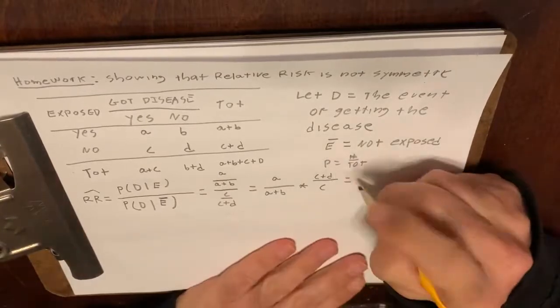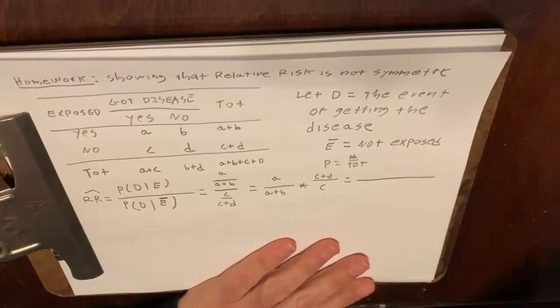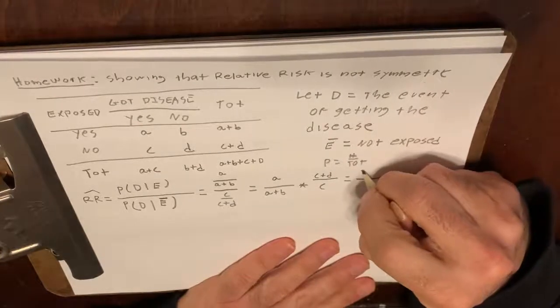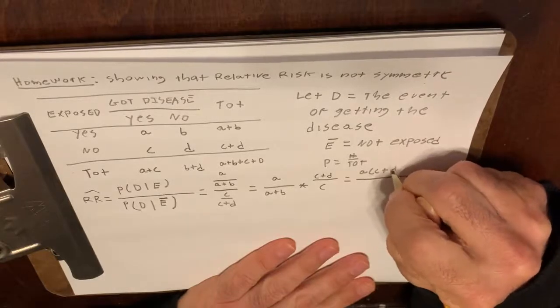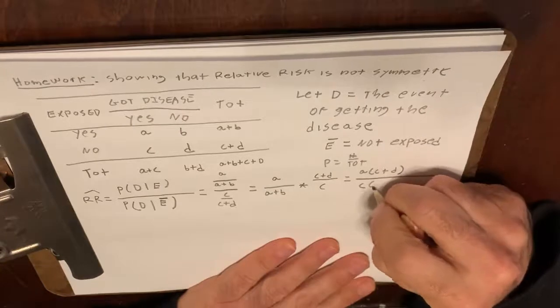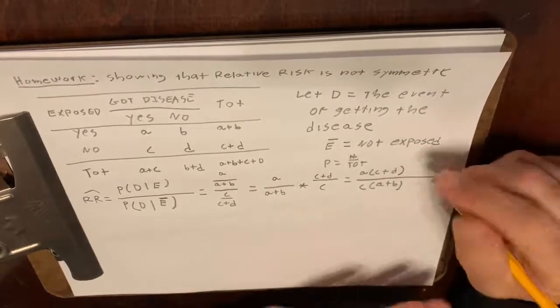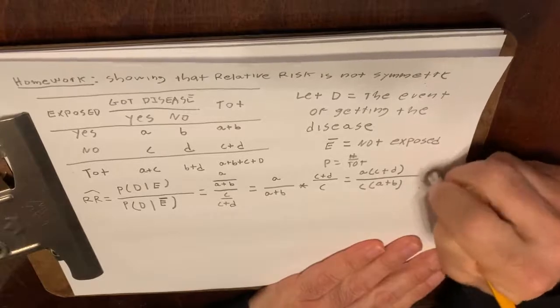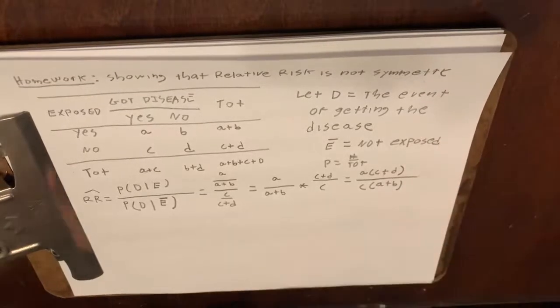So once we do this, we get a nice, ugly-looking expression. It's really not that bad, though. It's A times C plus D over C times A plus B. I mean, maybe it looks a little ugly, but I don't think it's that ugly. So this is the standard formula for relative risk.